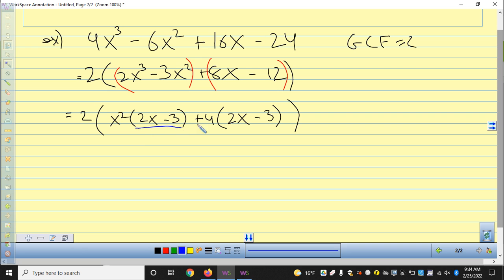Now my greatest common factor is 2x minus 3. So I'm going to pull that out of each of these. 2x minus 3 times, when I pull that out of here, I'm left with an x squared. And when I pull that out of here, I'm left with a plus 4. And that would be my answer.